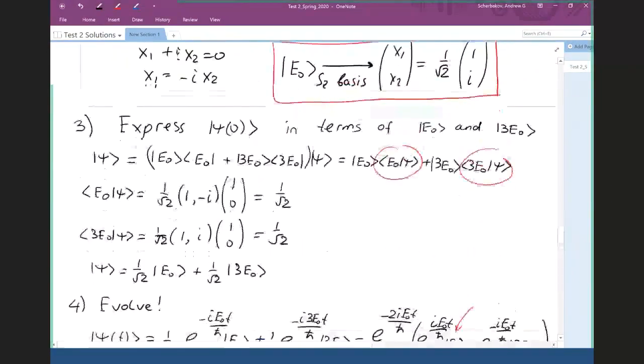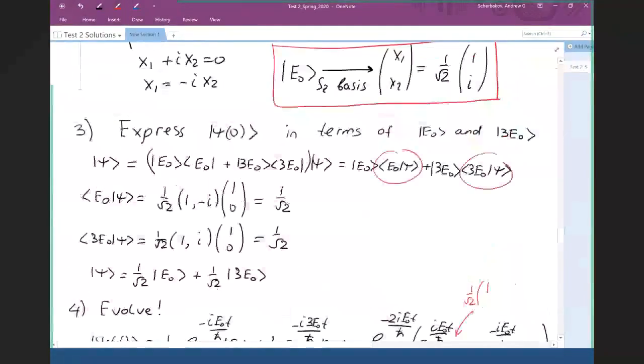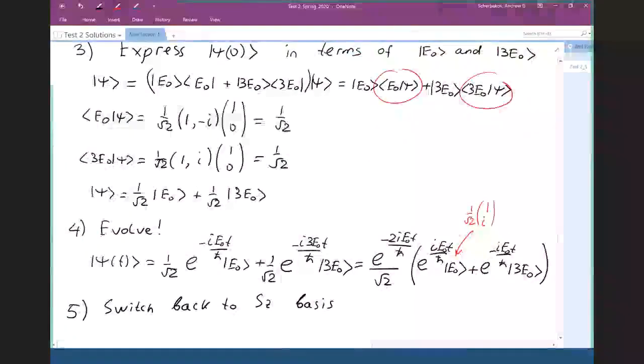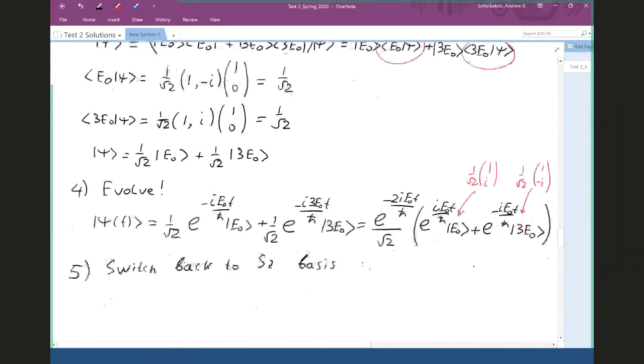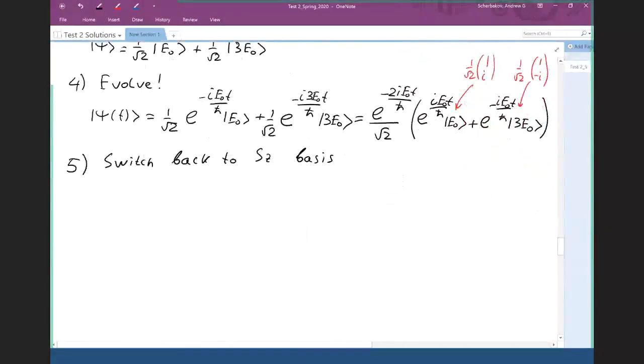It's 1 over root 2, (1, i). And 3 E naught is 1 over root 2, (1, negative i). Yeah, that's the expression for those two eigenstates of the Hamiltonian in the Sz basis.